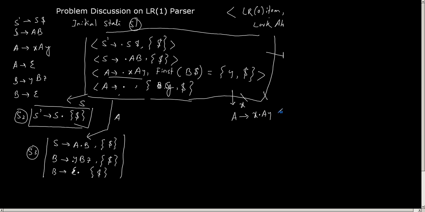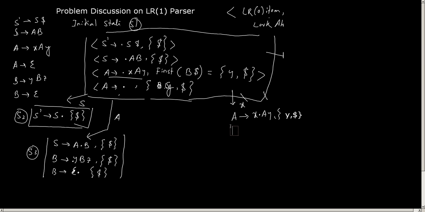Okay, but the item set we have will be something like Y, comma, dollar.